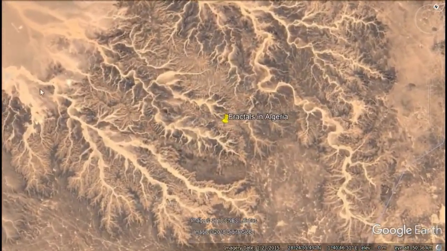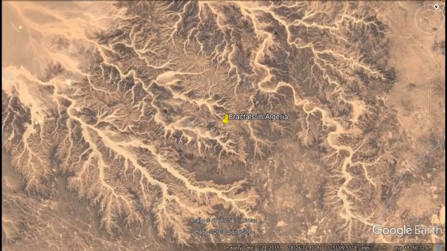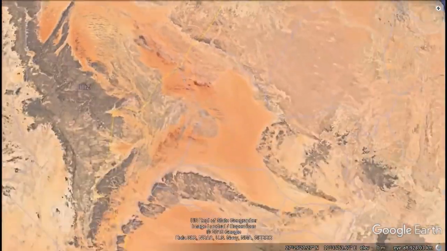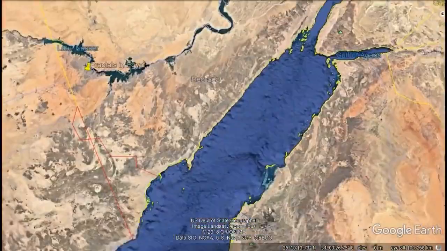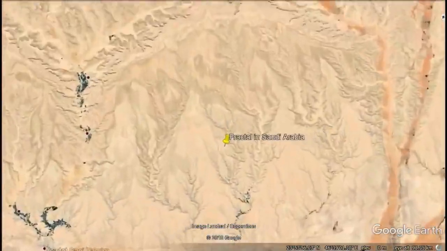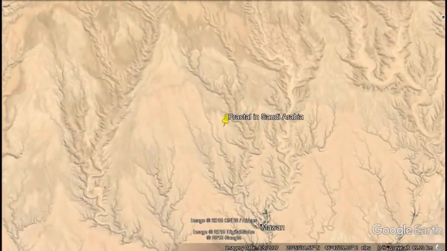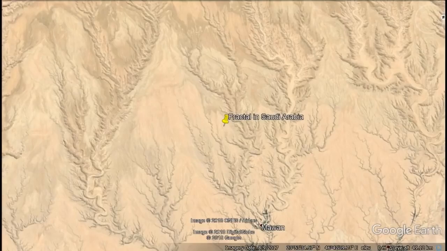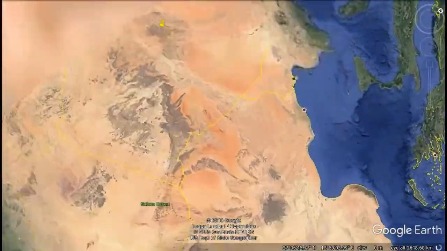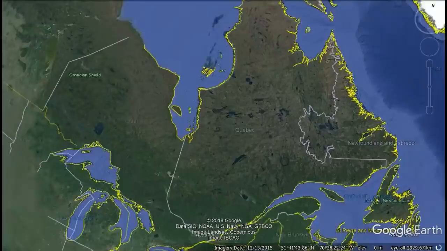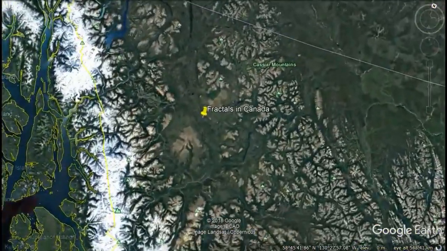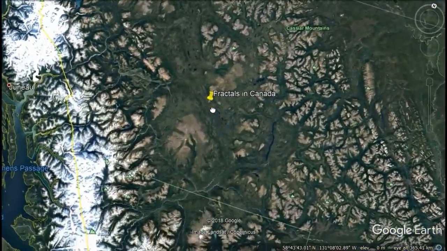This one's quite extensive. Now we're going to go to Saudi Arabia. Now let's go to the west coast of Canada in British Columbia, the northwest portion of British Columbia.